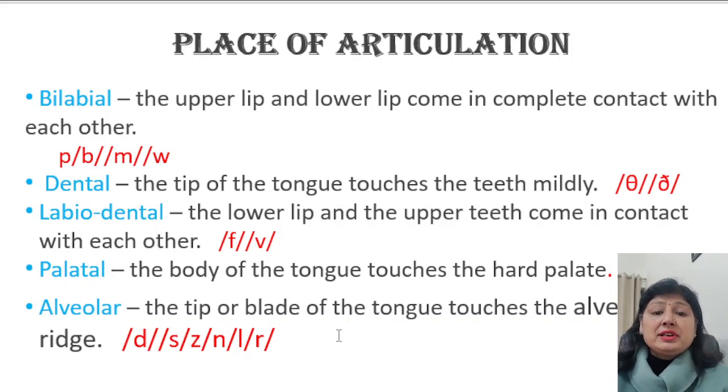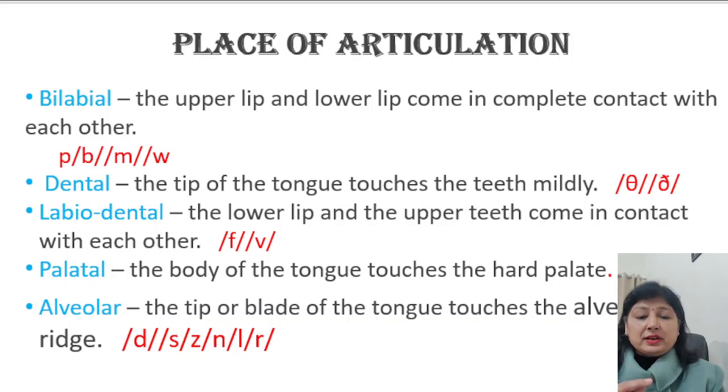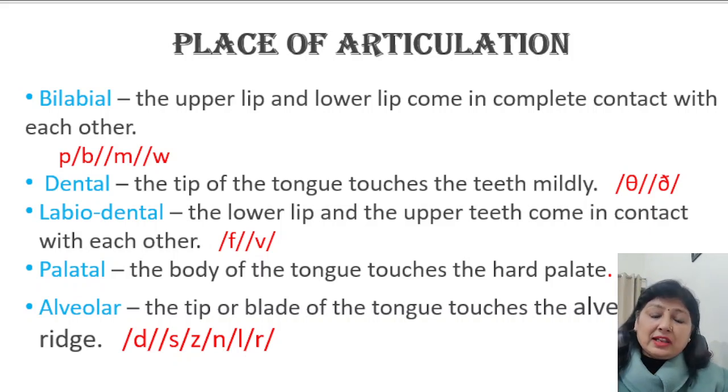In alveolar sound, the tip or blade of the tongue touches the alveolar ridge. Alveolar ridge means the part behind the teeth, as in the sounds like d, s, z, n, l, r. In these sounds, the tip of the tongue touches the alveolar ridge.